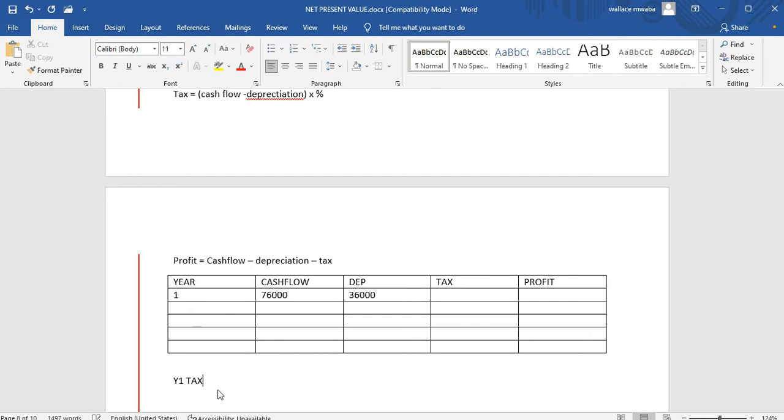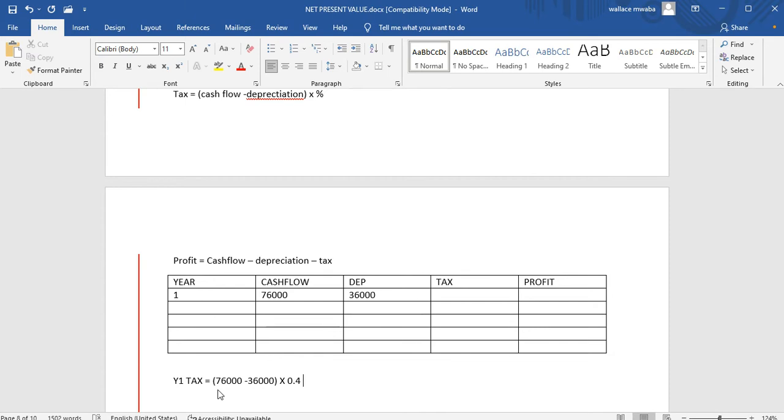So for year one tax, we're going to say 76,000 minus 36,000, multiplied by the tax rate of 40%, which is 0.4. 76,000 minus 36,000, we get 40,000.